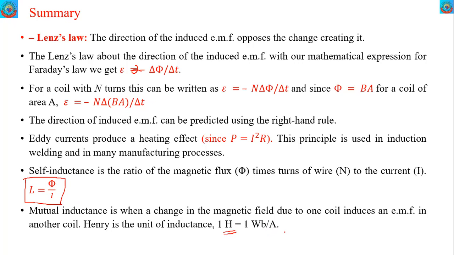Weber can also be written as Tesla times meter squared, over ampere, because phi is B times A, where B is in Tesla and A is in meter squared. So the unit of Henry, the inductance unit, is Tesla meter squared over ampere.